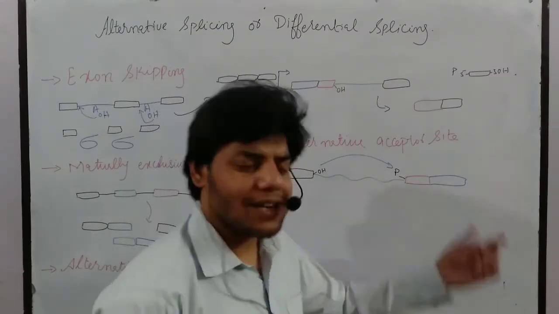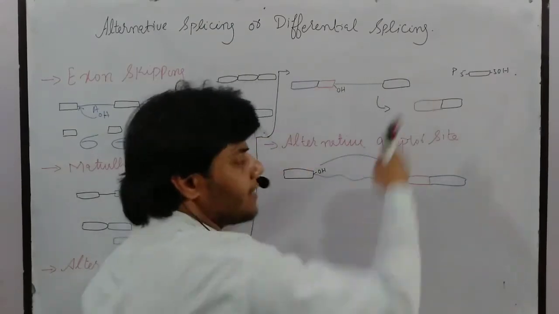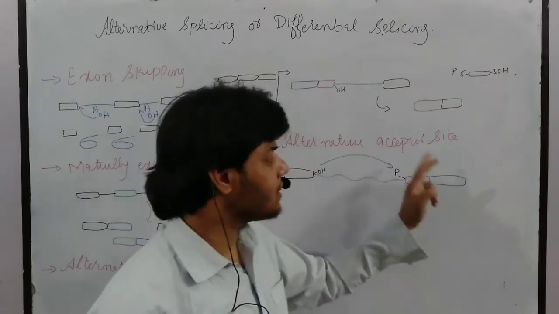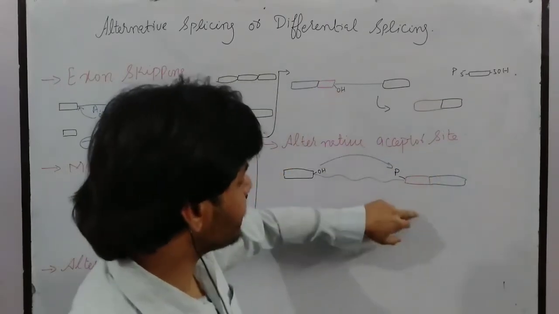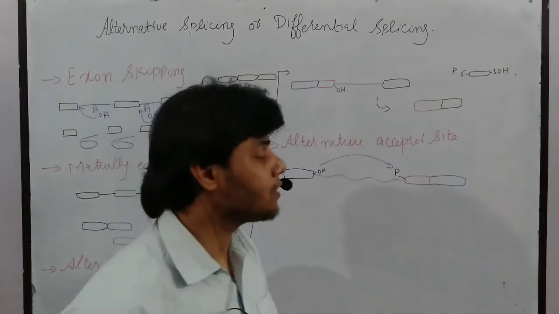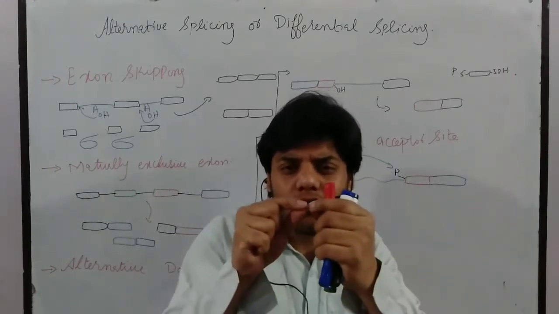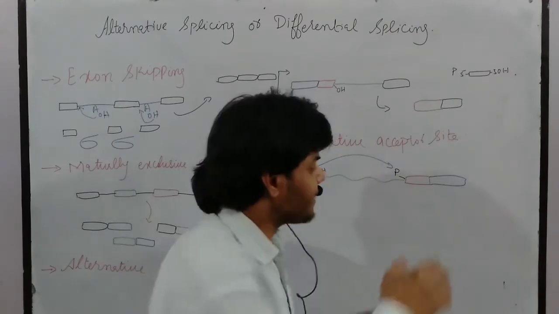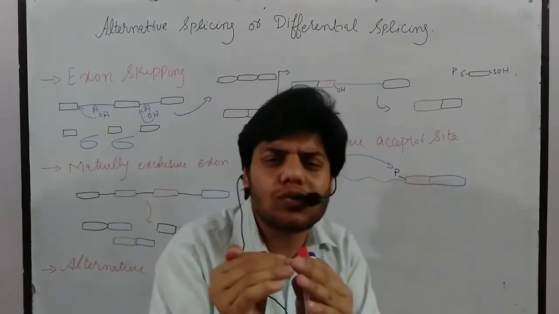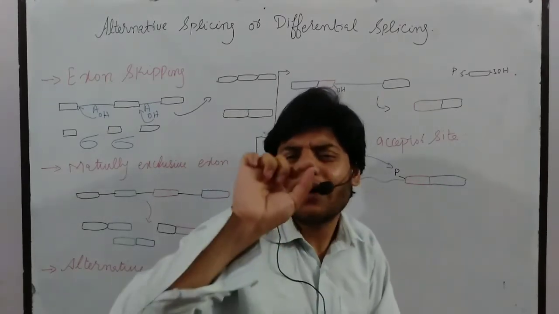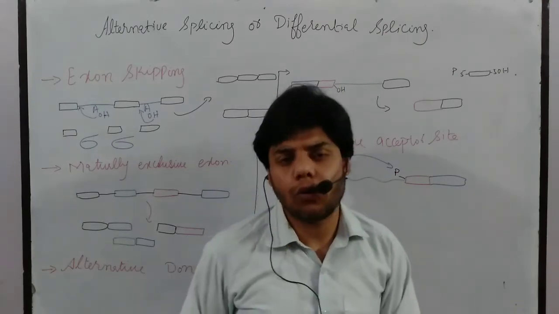So how will this next exon be released out in both of the cases? In both of the cases, this exon, in this case as well as in this case, will be released out because between them a small stretch of sequence is present. As I drew it too closely, still between them a very small stretch of the nucleotide is present.